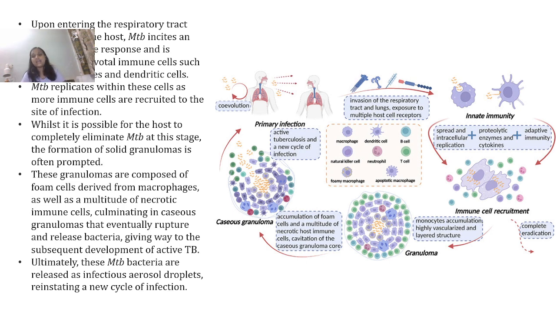But suddenly one day, what happens? This granuloma is breaking. The bacteria is released, infecting your whole lungs. This can happen anytime, and this can advance to an active TB. When there is active TB, it can grow in the body, it can make you feel sick. There can be a plethora of symptoms.